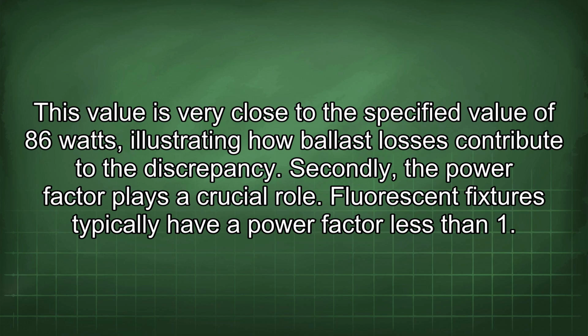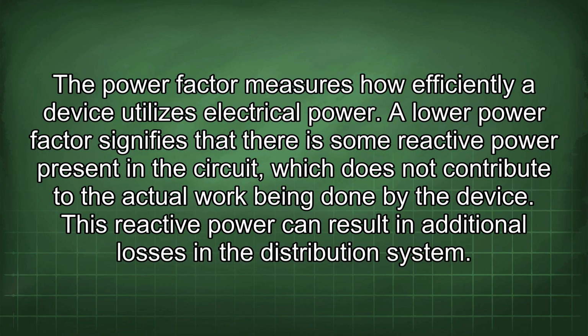Secondly, the power factor plays a crucial role. Fluorescent fixtures typically have a power factor less than 1. The power factor measures how efficiently a device utilizes electrical power. A lower power factor signifies that there is some reactive power present in the circuit, which does not contribute to the actual work being done by the device.